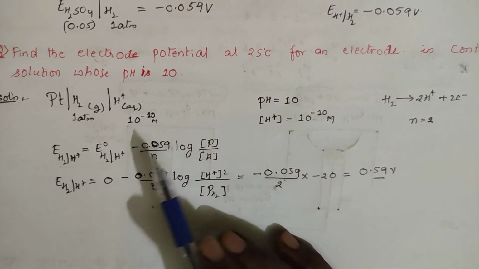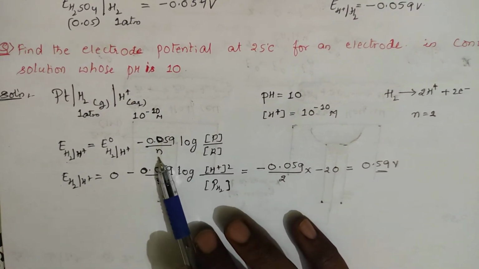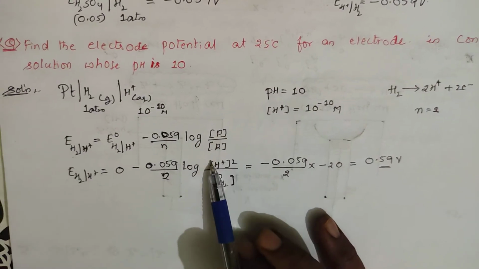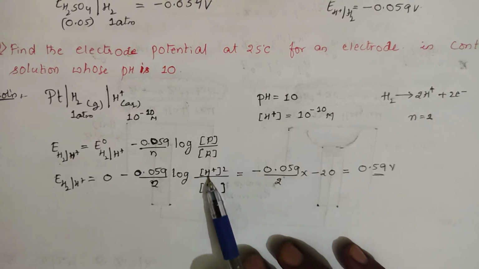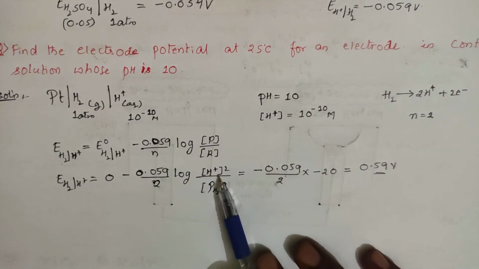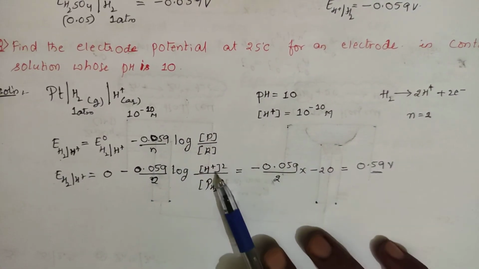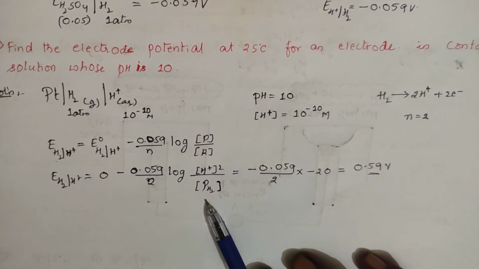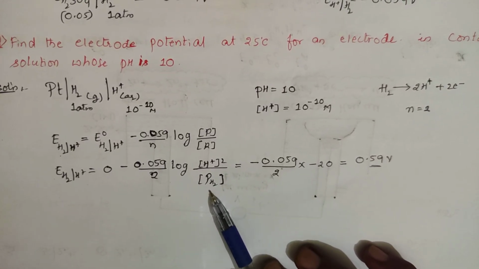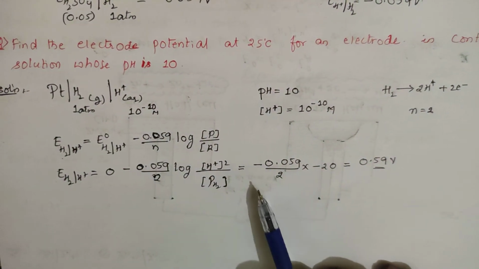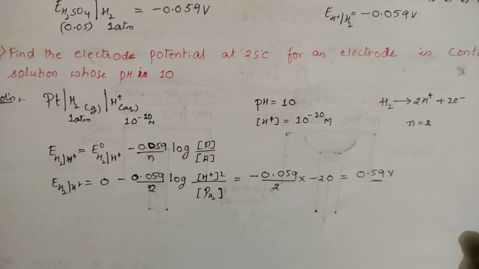Then 0.059 by N log products concentration by reactants concentration, minus 0.059 by 2 log H plus whole square by PH2. What is the H plus? H plus is 10 power minus 10 whole square by 1. PH2 you are taking as 1 atmosphere, right? If you solve that, you will get 0.59 volts. This is the condition.